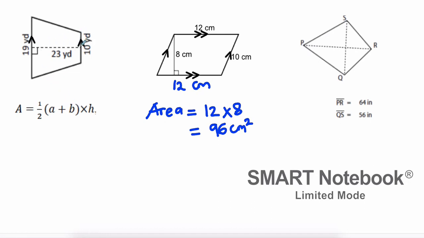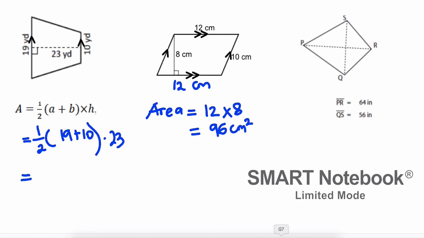And then the height of the trapezium is the perpendicular line that connects the two parallel lines. So in this case, you will have a half multiplied by 19 plus 10, and then multiply that by the height, which is 23 in this case.